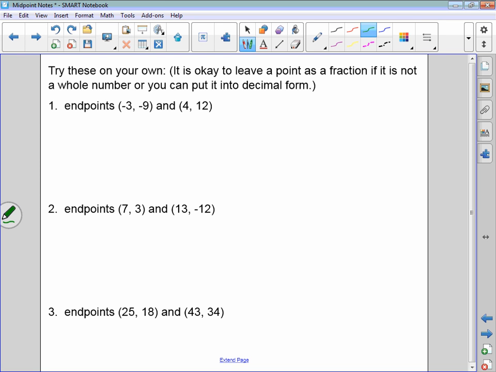Okay, looking at this first one, we label our first point that we see as x1, y1, second one as x2, y2.